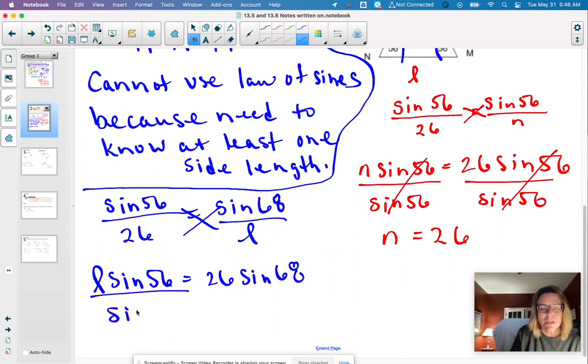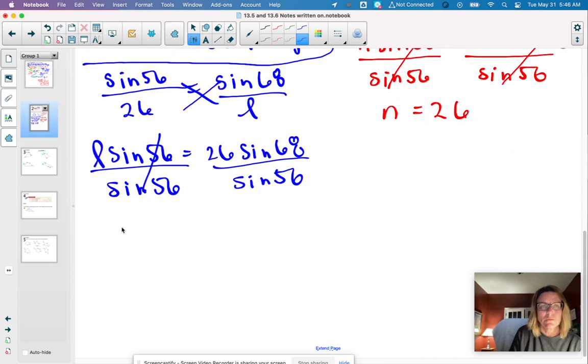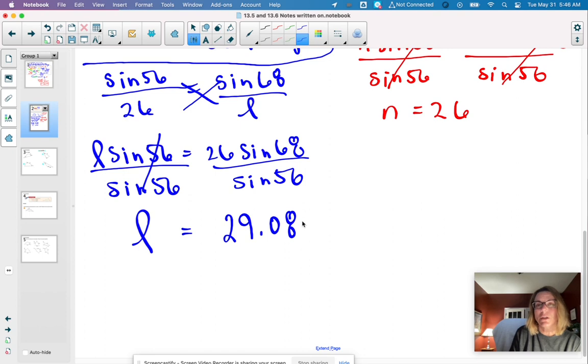Divide both sides by sine of 56, and I get L is equal to, well, if I take 26 sine of 68 divided by sine of 56, I'm going to get 29.08, rounded to the nearest hundredth.